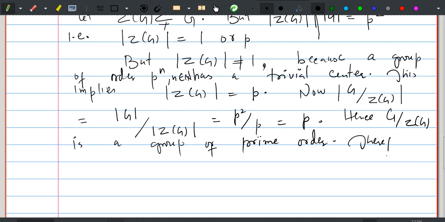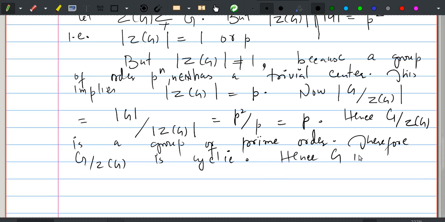Now where is our result? If this quotient is cyclic, then G is abelian. Hence G is abelian. So we are done.